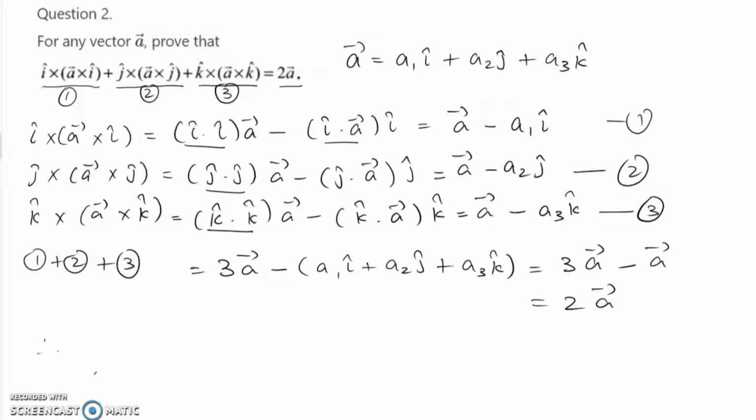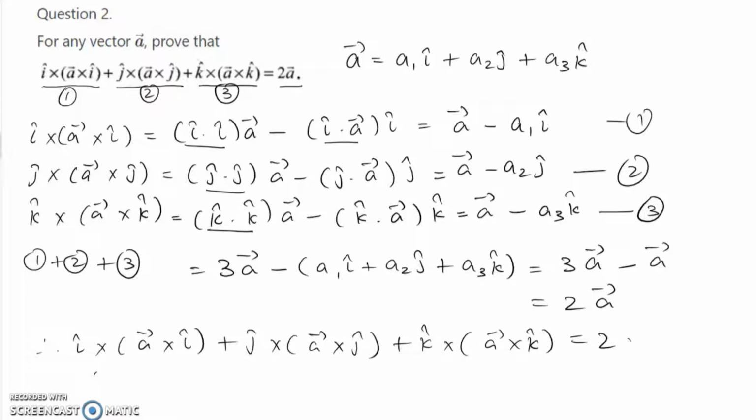Therefore, i cap cross A cross i cap plus j cap cross A cross j cap plus k cap cross A cross k cap is equal to 2A vector. So that proves our required question.